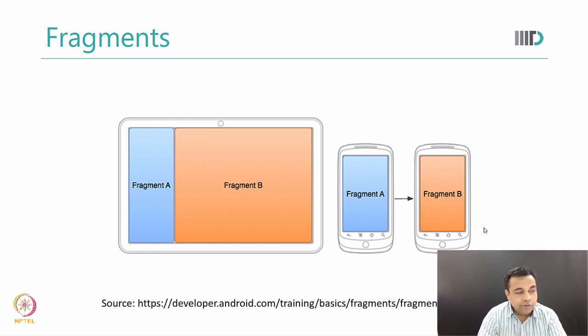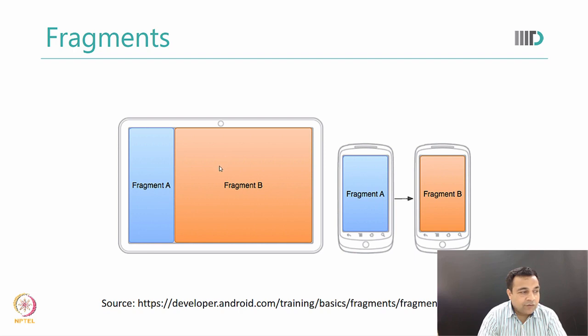However, if you want to move this code to the tablet and show something like this, it is not possible, because the activity life cycle and the way an activity has been implemented in Android does not allow you this functionality, that you can display two activities where you can move back and forth between the activities and interact with the same part.